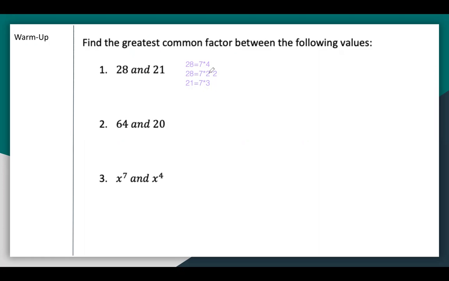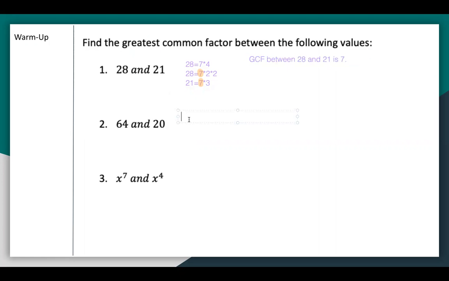If I look at 7 times 2 times 2 and 7 times 3, what we can notice is between 28 and 21, the only number that they have in common is 7. So the greatest common factor between 28 and 21 is 7. Okay.